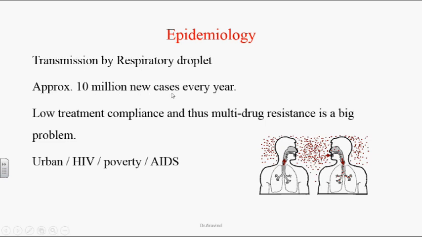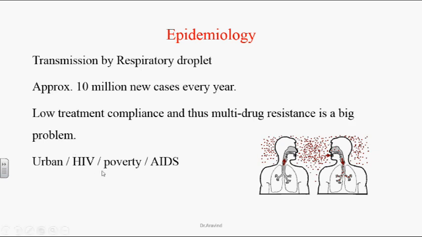There are approximately 10 million new cases every year all over the world, with low treatment compliance, and thus multi-drug resistance is a big problem nowadays. The most predisposing factors that lead to this infection are urban areas with crowded schools and crowded societies, and military recruits, where we can see this infection.